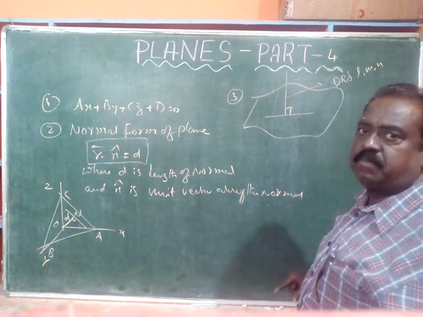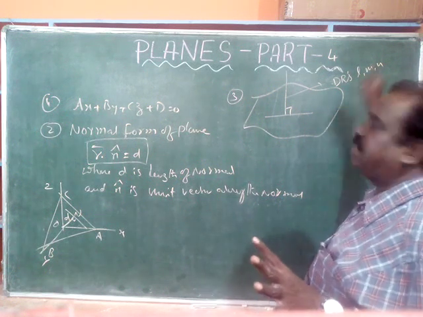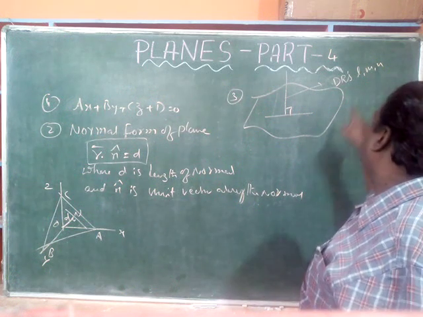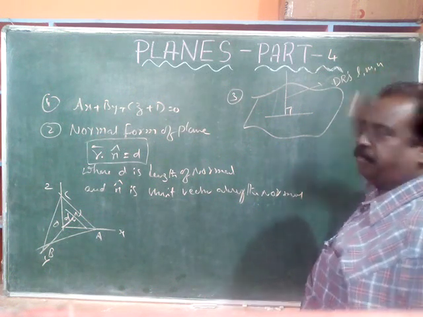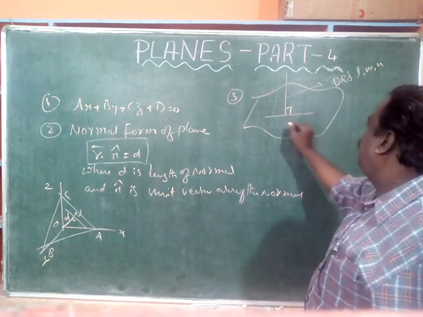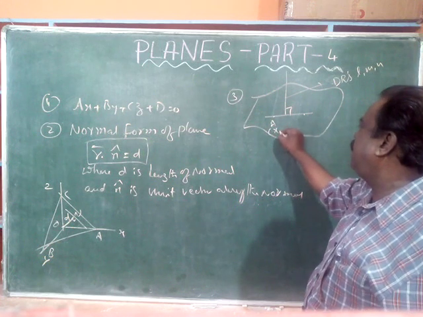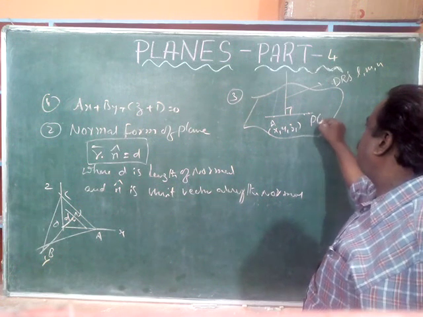Sometimes we use L, M, N or DCs also. These are numbers. DRs means direction ratios. Already we discussed. DCs is somewhat different, but notations we are using the same. Nothing wrong.